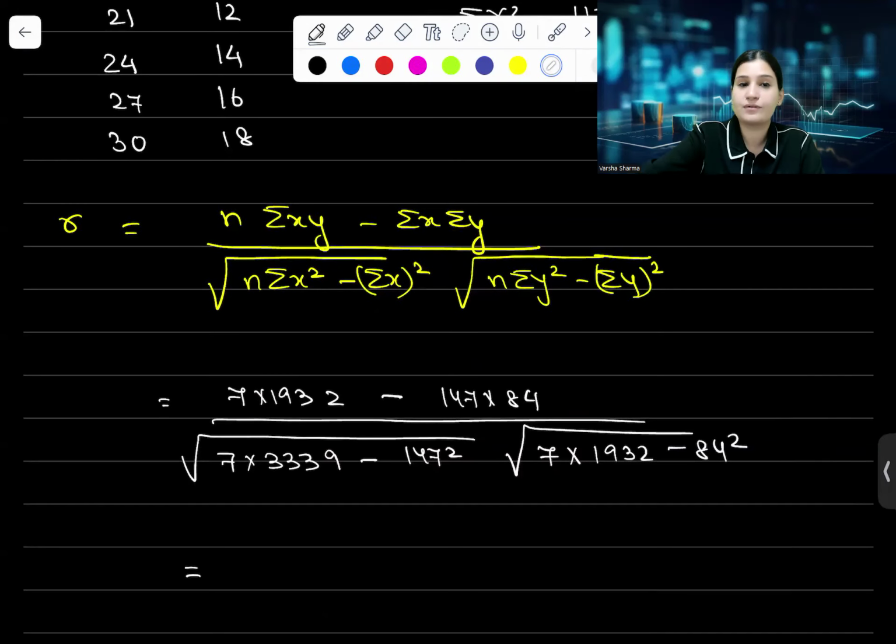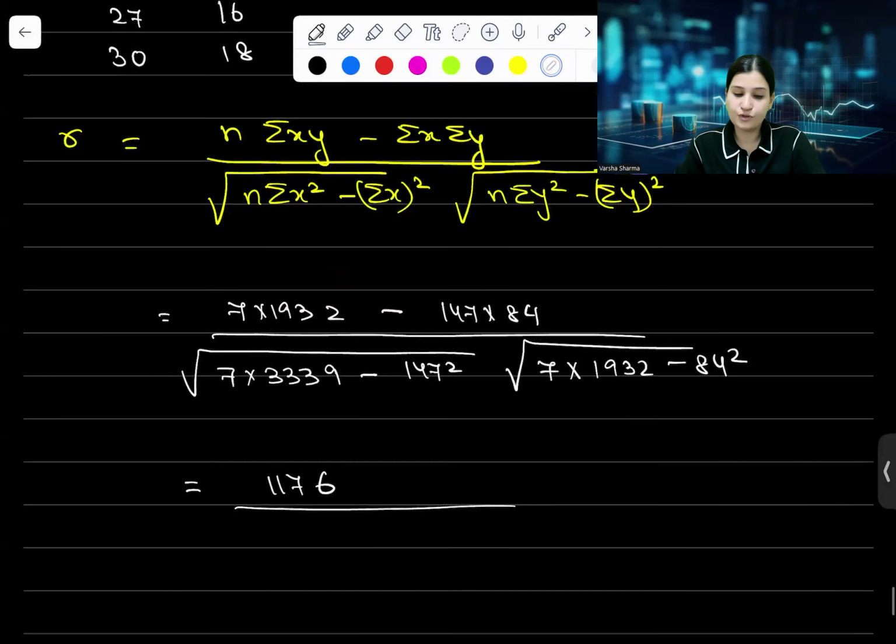Individually calculate the values. First, what is the value of the numerator? 1176.